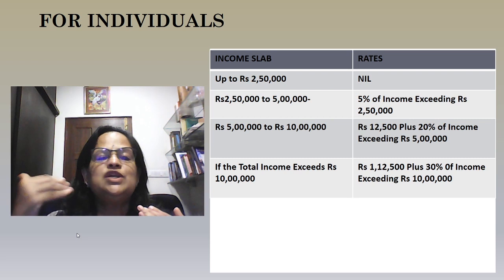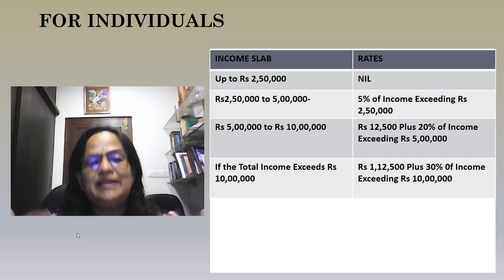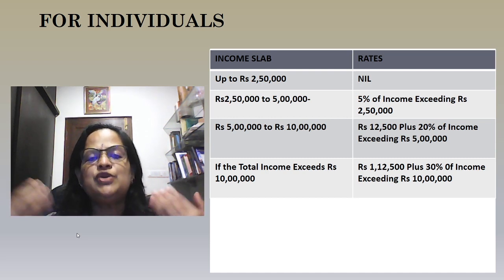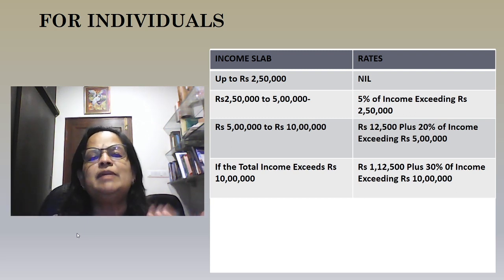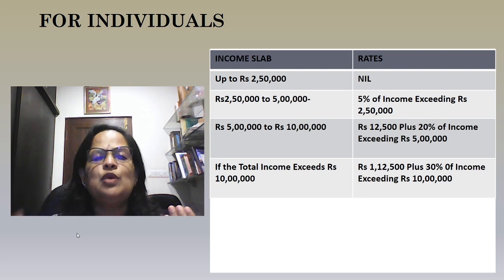So that means 12,500 plus 20,000. 32,500 will be his tax liability. Now like that we have to calculate. Now if the total income exceeds 10 lakhs, 1 lakh 12,500 plus 30% of income exceeding rupees 10 lakhs. So different slabs we have to calculate, and I am explaining also with the problem how we are calculating that. I hope you got some idea about that.